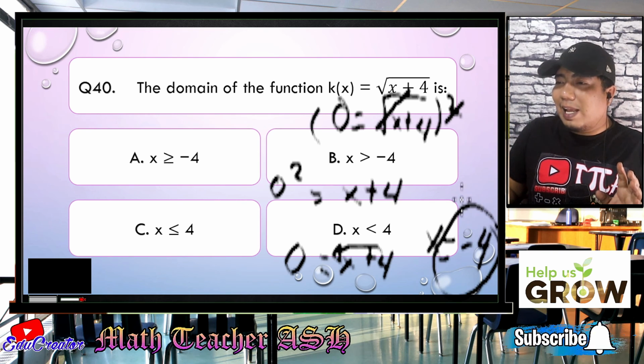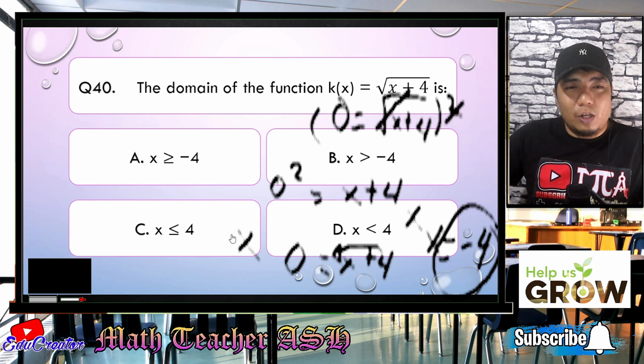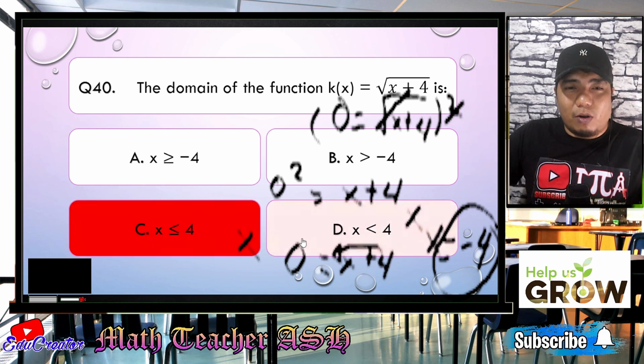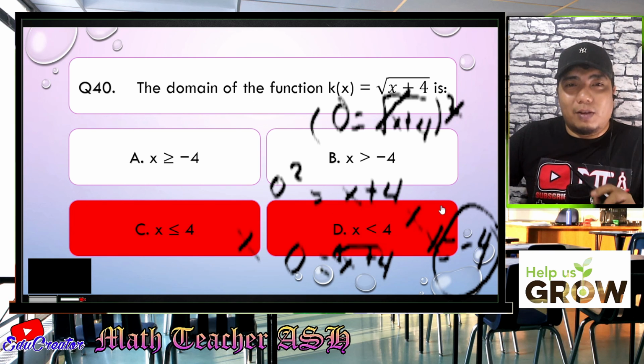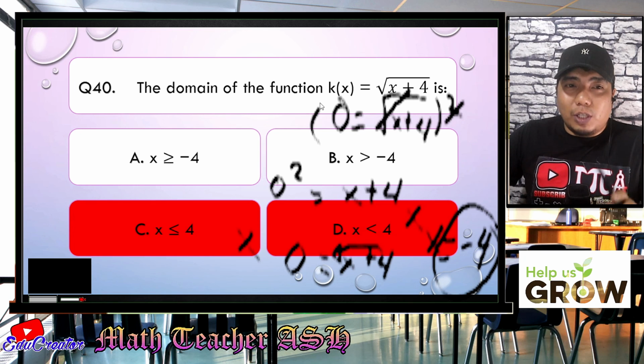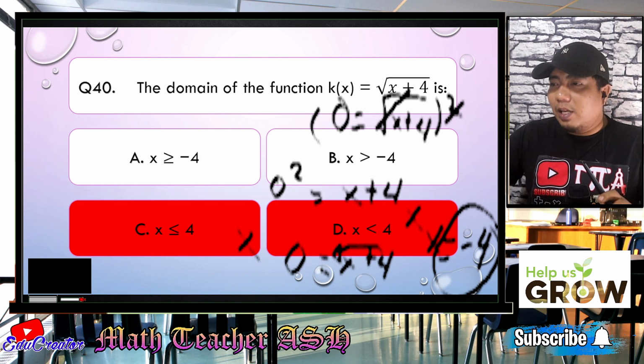So therefore, the negative 4 here is very crucial. So that is letter C, wrong. Letter D, wrong. So we only have A and B. Okay, so let's check that C and D is already wrong. Okay, we already know that. Now, the question here, what is the domain? Okay, so how do we know the domain here, my dear math learners? Basically, we need to consider here as equals, right?